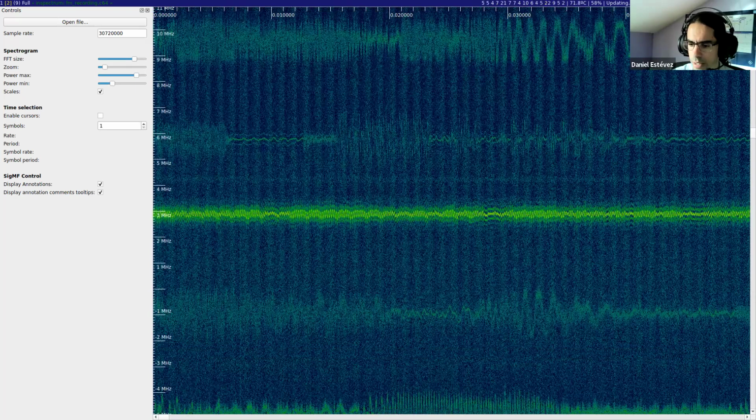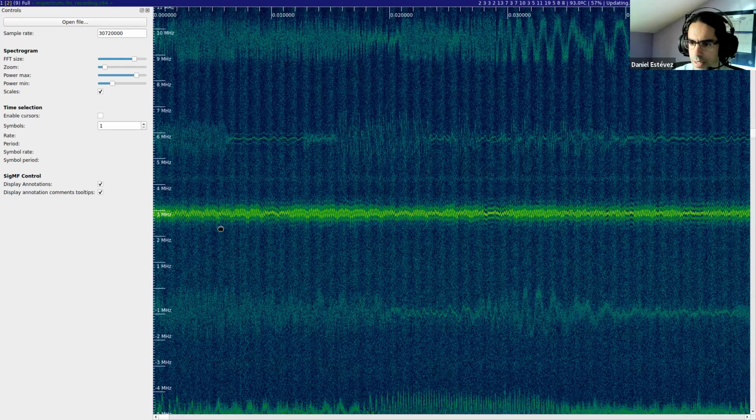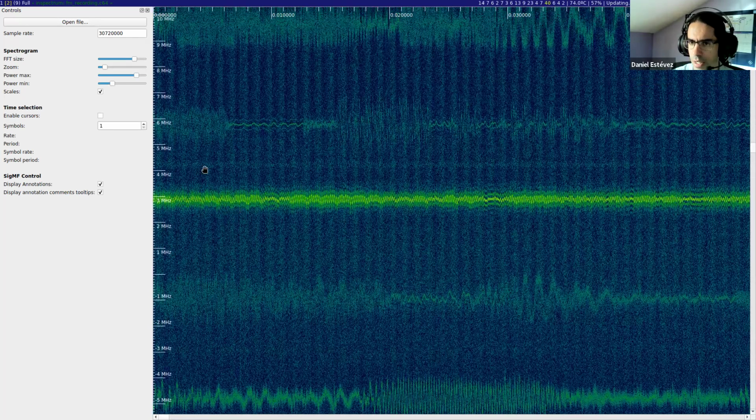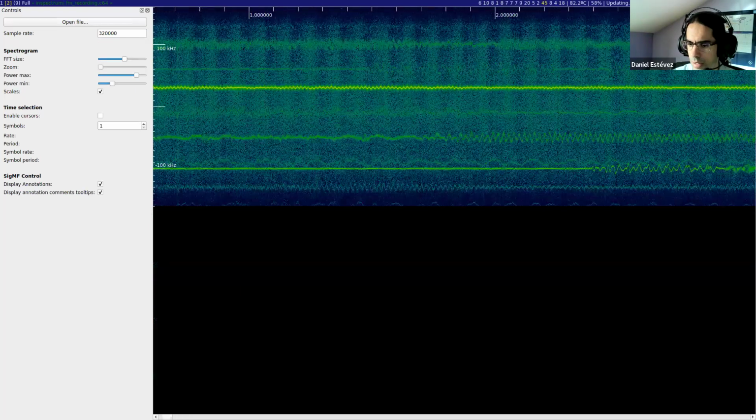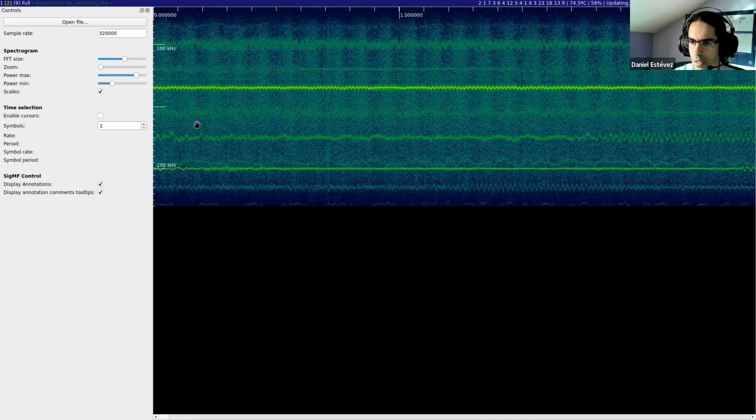The time axis is the horizontal axis, the frequency axis is the vertical axis, and you can see the FM radio station. Something you need to enter here is the sample rate, otherwise the frequency scale will be wrong. And you can play with the parameters, for example the FFT size, to decide how to represent things.